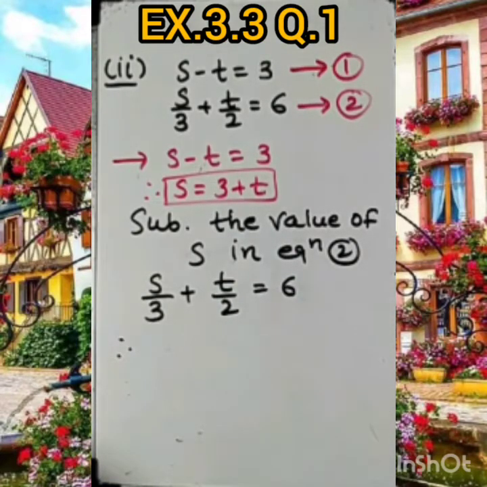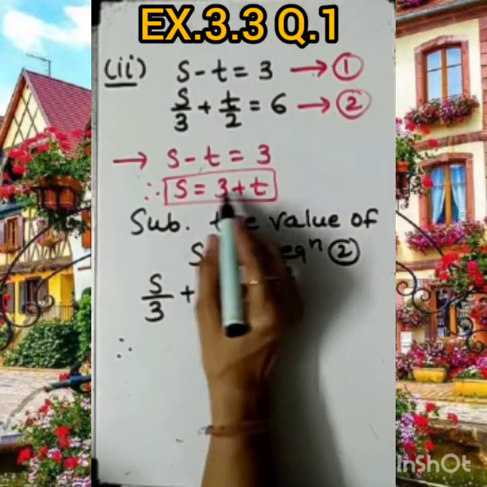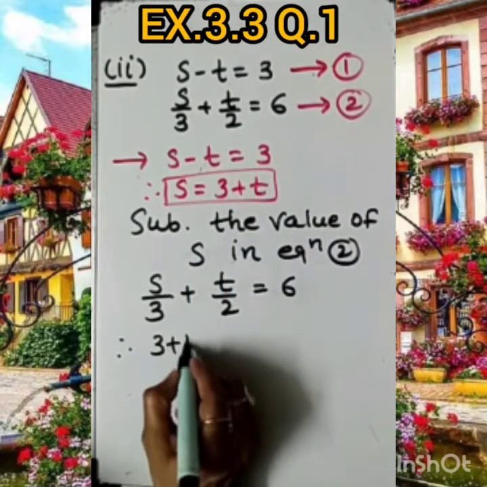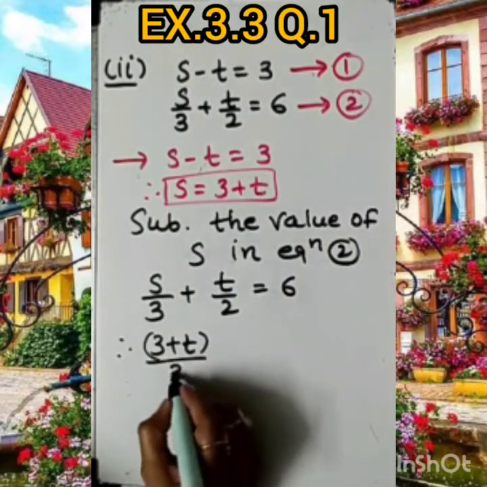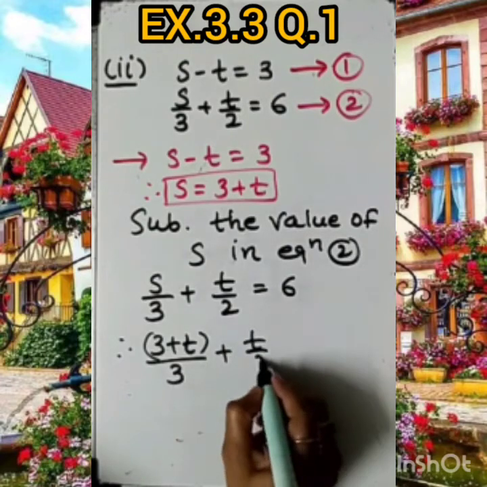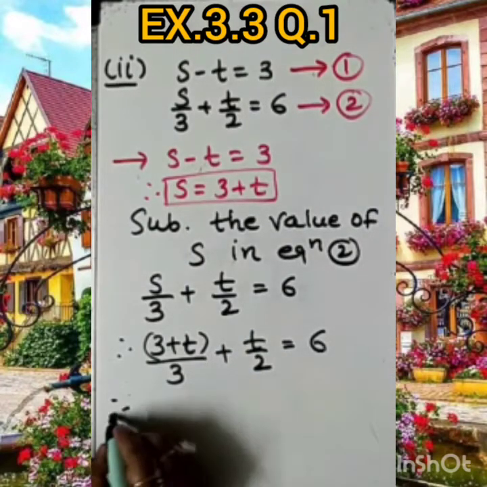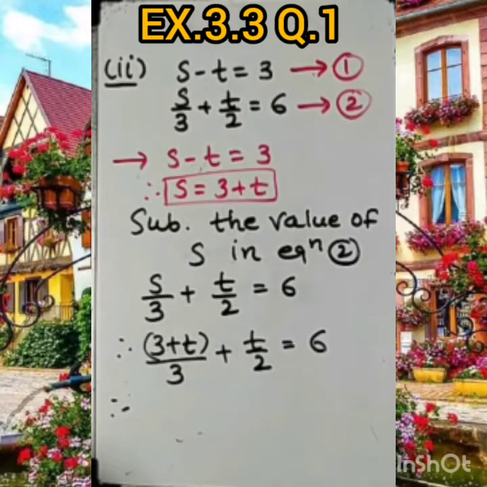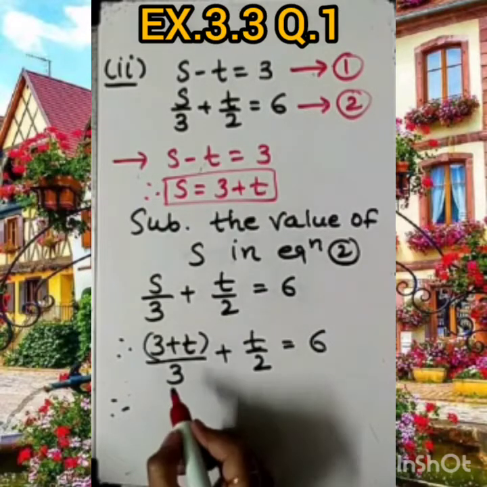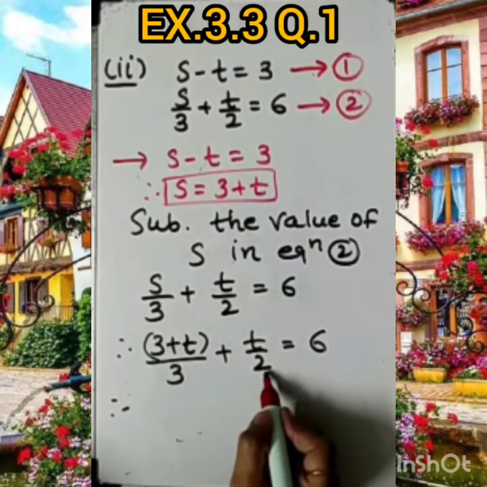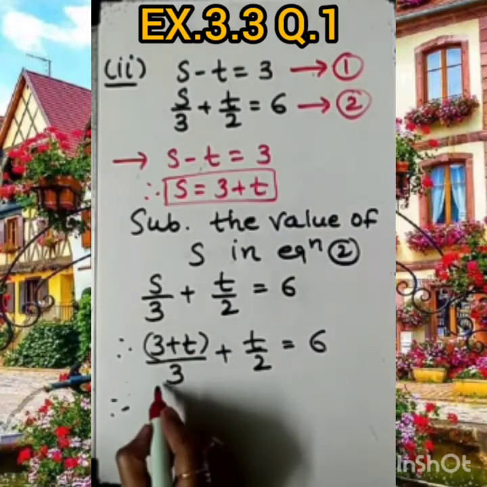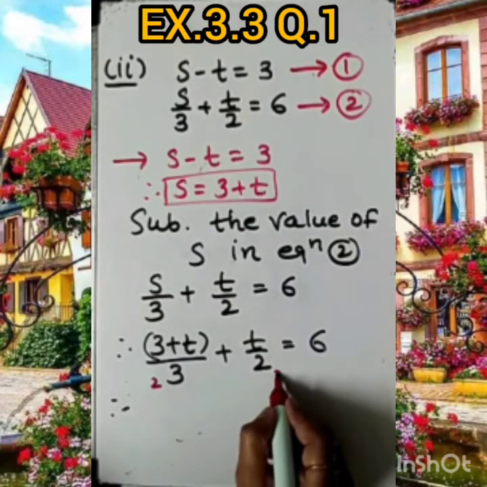Now I am going to substitute the value of s, 3 plus t, over here: (3 plus t) by 3 plus t by 2 equal to 6. Then how to simplify? For that, we need to take an LCM of 3 and 2. What is the LCM of 3 and 2? It is 6. So I need to multiply this with 2 and here with 3.